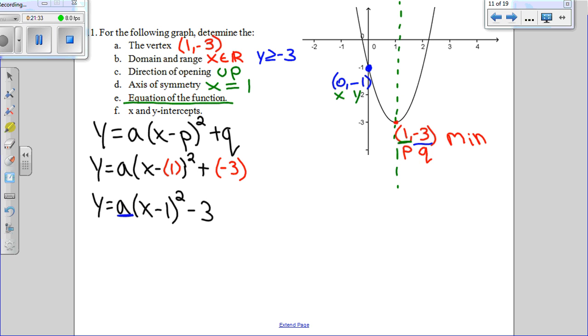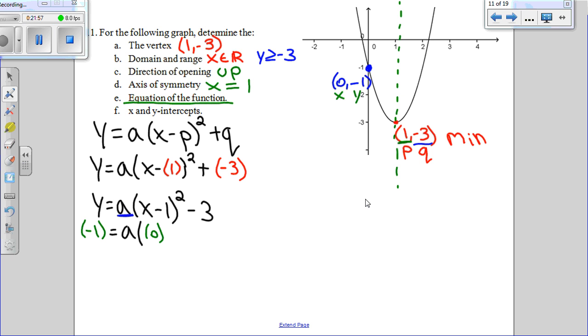So the way that would look, I would replace my Y and my X with what Y and X are. So I would have -1 equals A, and then 0 minus 1 squared minus 3.